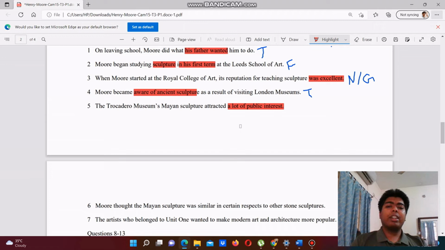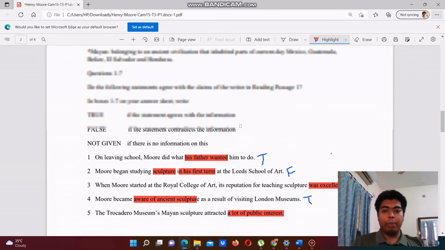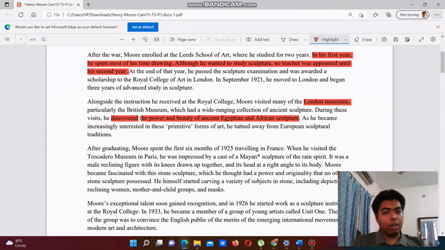If it attracted a very small group of people, then it will be false, because it is not a lot, it is minimal, or very little. Any antonyms of "a lot of" will be false. And if there wasn't any mention of public interest in the Mayan sculpture at the Trocadero Museum, then it will be not given. So we can go back to our passage and continue our search.